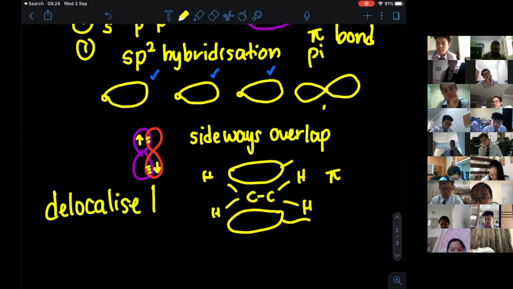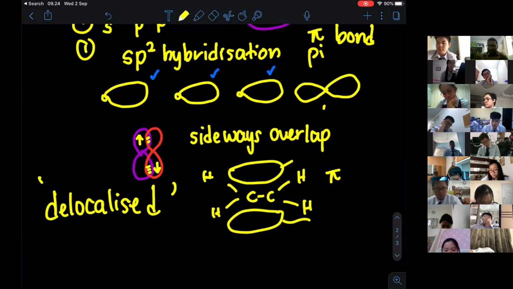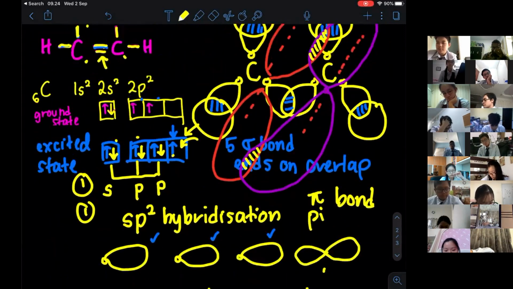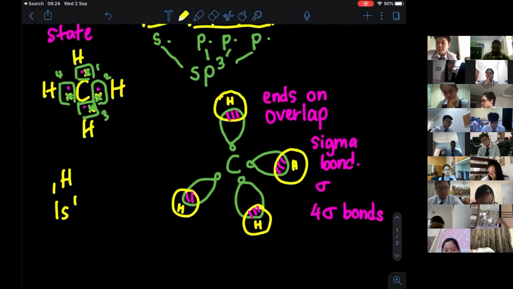We have learned this term delocalized under metallic bonding. Do remember, in pi bonding you also have delocalized electrons. They do circle around. But here, for normal cases, they don't actually get delocalized.